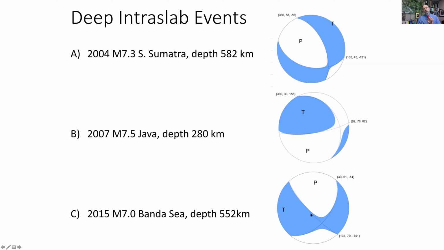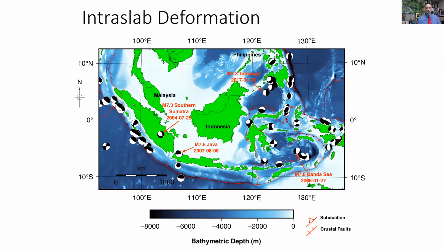So quite a diversity in the focal mechanisms of the earthquakes at depths between 280 and about 600 kilometers. So these are indicating intraslab deformation. At the trench, we have very low angle thrust faulting on the megathrust, but within the plate, we get more complicated solutions, sometimes normal faulting and sometimes thrust faulting.